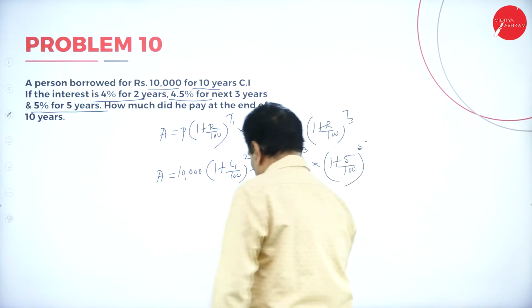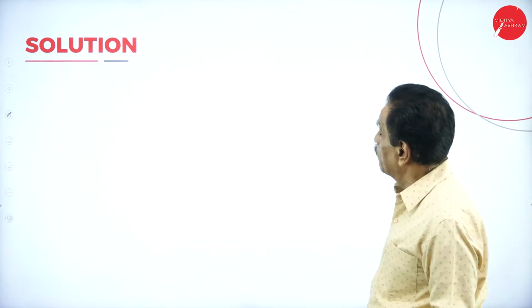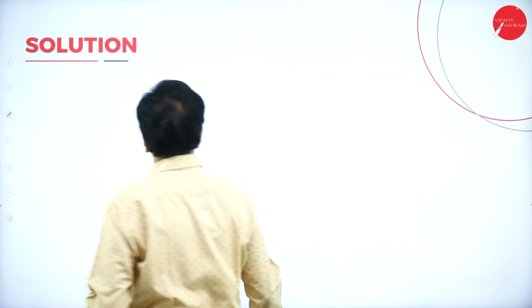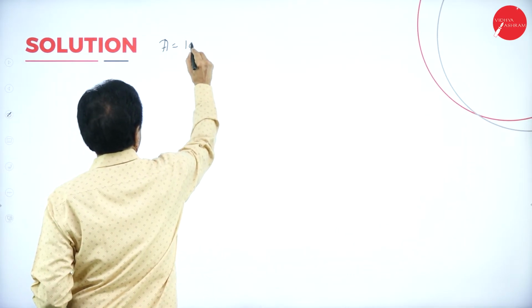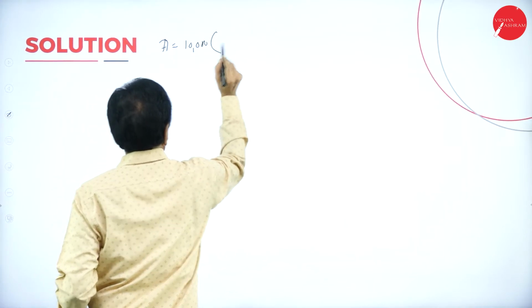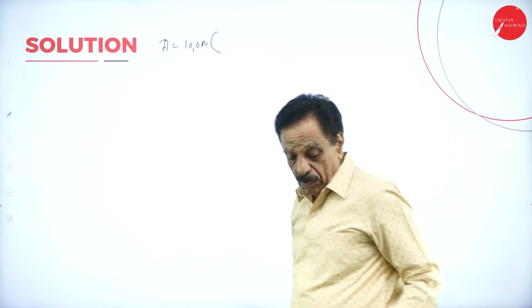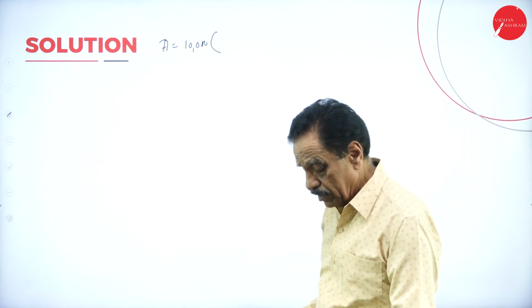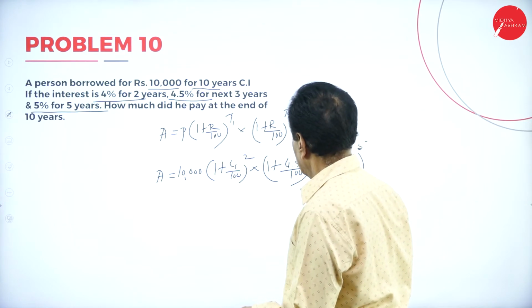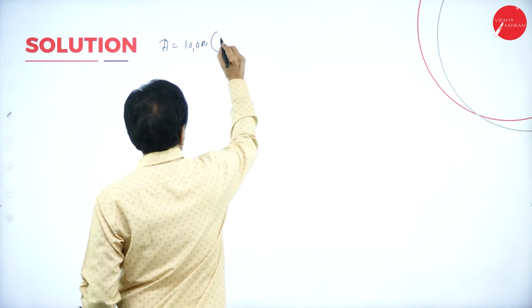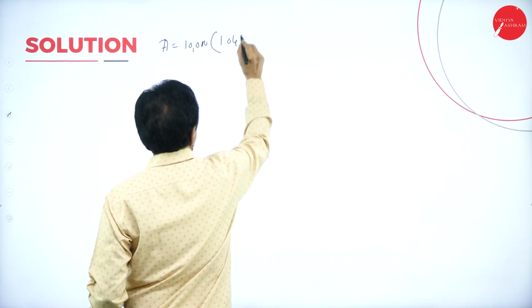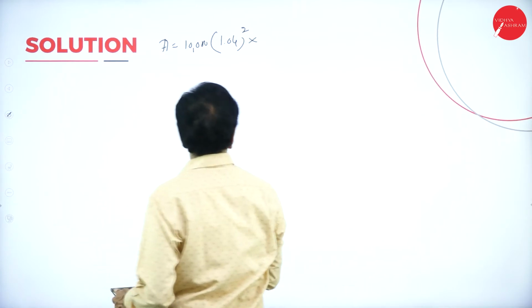Slowly we have to go with one by one. First one: A is equal to 10,000 into 1.04 to the power of 2 years.